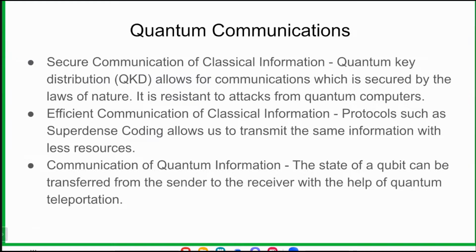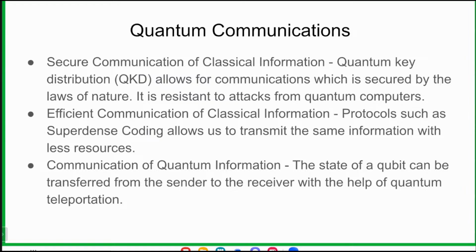But for executing a lot of cryptographic algorithms, we need to share a common key between the sender and the receiver parties. And currently, one of the ways is something like the Diffie-Hellman algorithm, which is a classical algorithm.